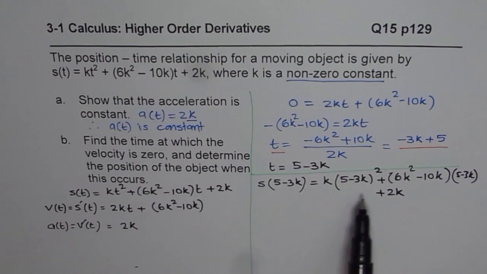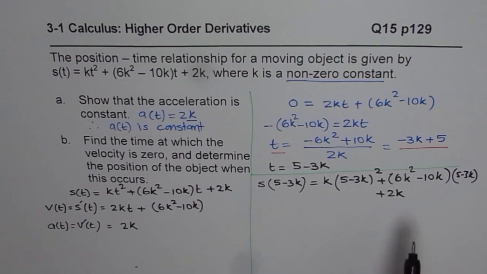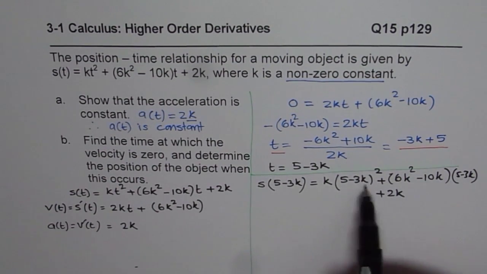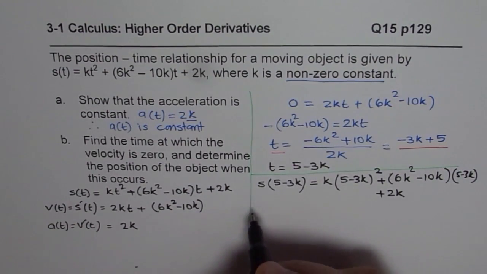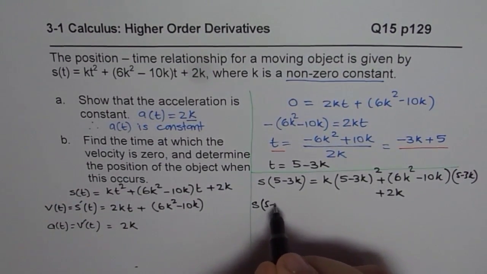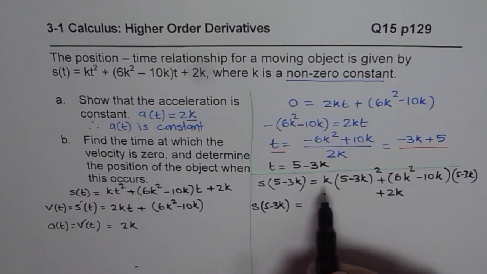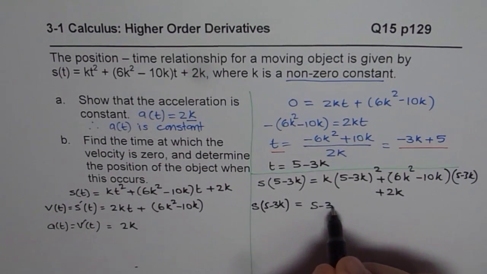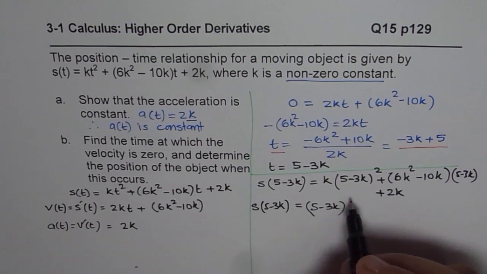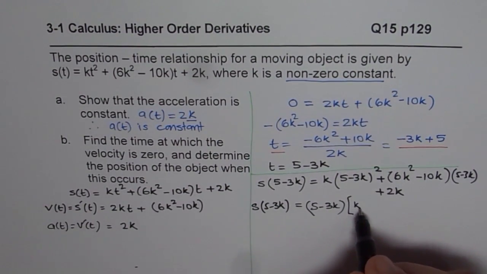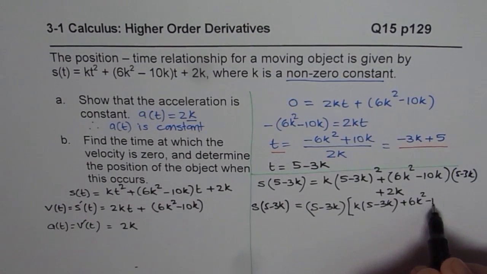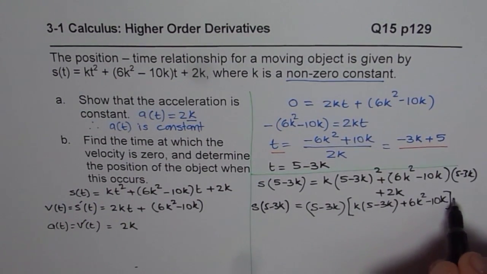I would like you to solve this particular equation, which is not very difficult. You can actually take 5 minus 3k as a common factor and then solve it a bit. So we say s of 5 minus 3k is equal to, now 5 minus 3k is common, so we say 5 minus 3k, from these two terms, and here you will get k times 5 minus 3k from the first term, and in the second term you get plus 6k square minus 10k, and then plus 2k.